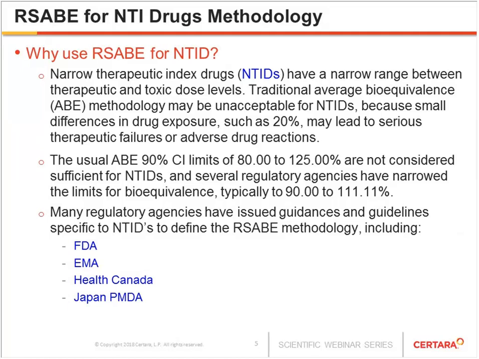The usual 90% confidence interval limits of 80 to 125 are not considered sufficient for NTIDs, and several regulatory agencies have narrowed the limits for bioequivalence, typically from 90 to 111%. Many regulatory agencies have issued guidances and guidelines specific to NTIDs to define the RSABE methodology, including the FDA, EMA, Health Canada, Japan PMDA, and others.